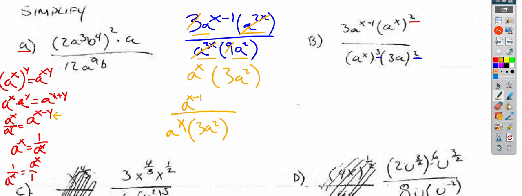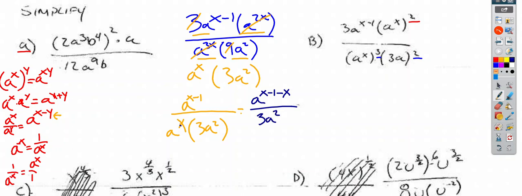So that would mean I'd have, use a different color because colors are fun. I like this color green. Oh, purple. All right, so I can subtract the exponents, which would give me a to the x minus 1 minus x, because I'm subtracting the exponents. And that would be over 3a squared.